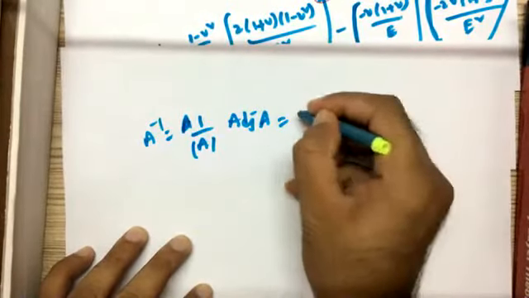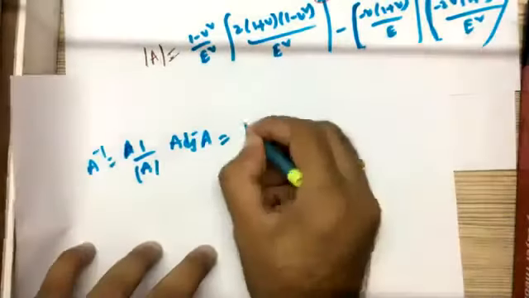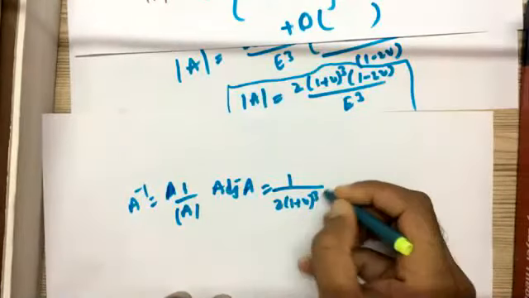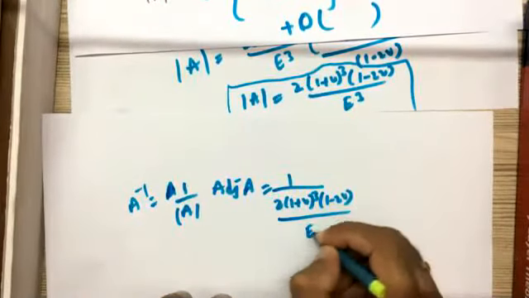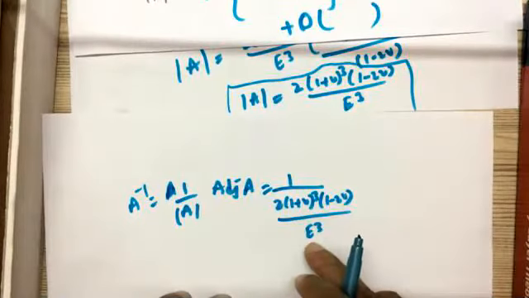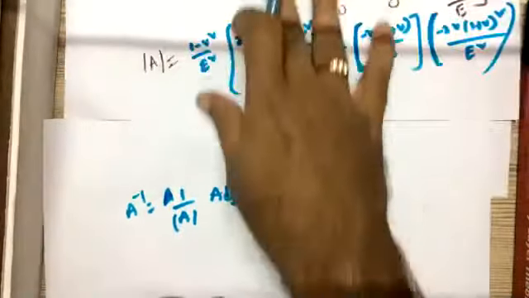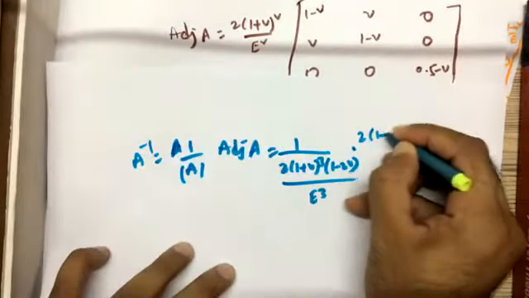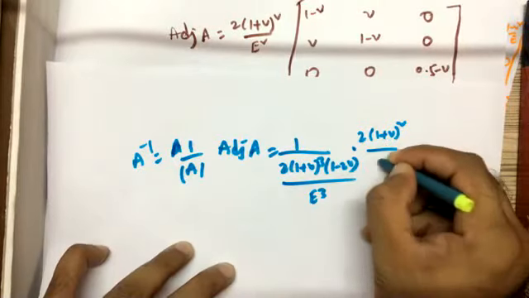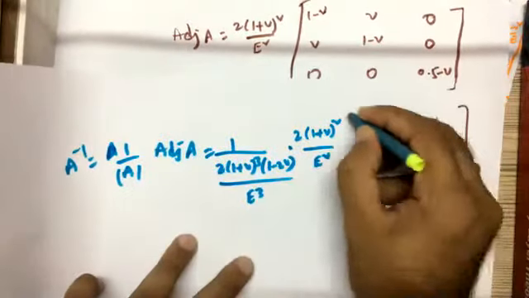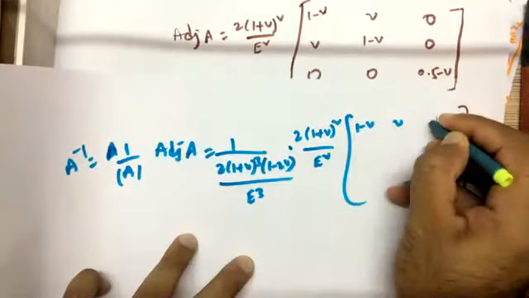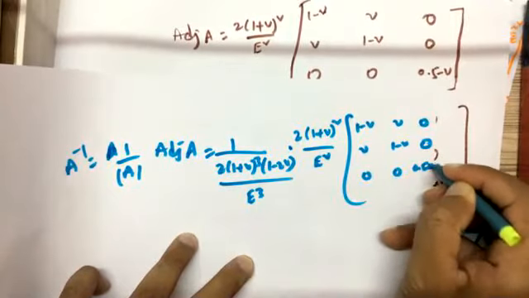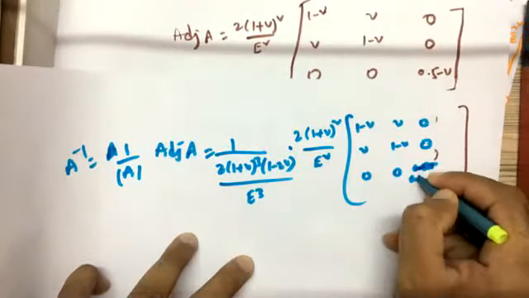So what is that? 1 by, what is det A? 2 into (1 plus nu) whole cube into (1 minus 2 nu) divided by E cube. That is det A. What is adjoint A? Adjoint A is 2 into (1 plus nu) whole square divided by E square into the matrix [1 minus nu, nu, 0; nu, 1 minus nu, 0; 0, 0, 0.5 minus nu].